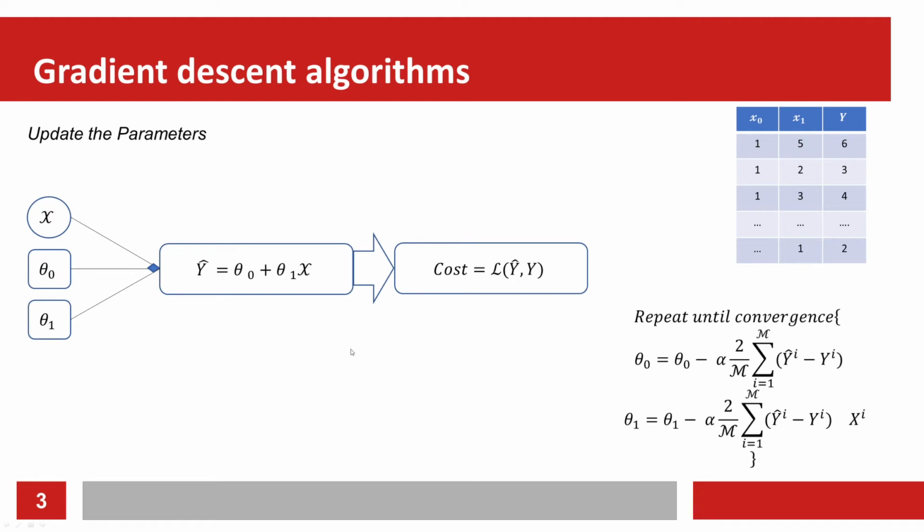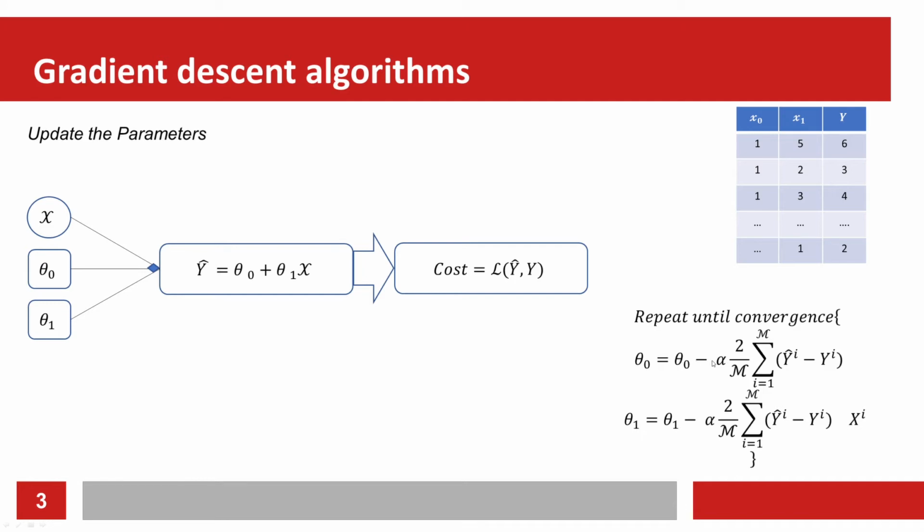Now, this is the formula for how to update the parameters. For example, here we have theta 0 and theta 1. Here's the old theta 0, the old one. In the first iteration, we initialize it randomly.